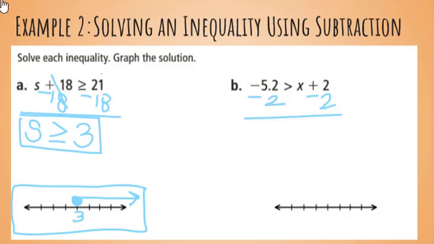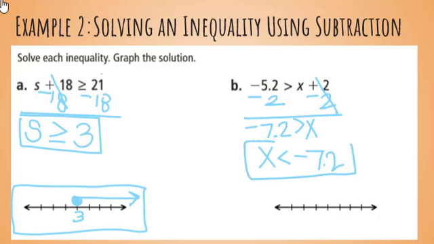Negative 5.2 minus 2 is going to give us negative 7.2. We're bringing down the greater than, bringing down our x, and these 2s cancel. Now we want to rewrite this so our x is on the left. So we have x is less than negative 7.2.